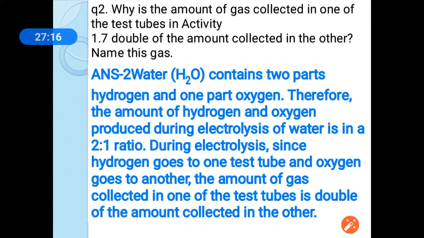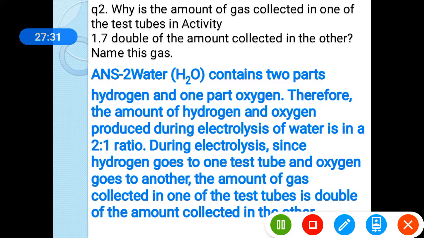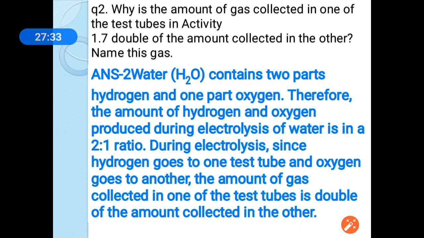So the amount of hydrogen and oxygen produced during the electrolysis of water is in a 2:1 ratio. During electrolysis, hydrogen gas goes to one test tube and oxygen goes to another, so the amount of gas collected in one of the test tubes is double the amount of the other. Reason being, the ratio is 2:1.